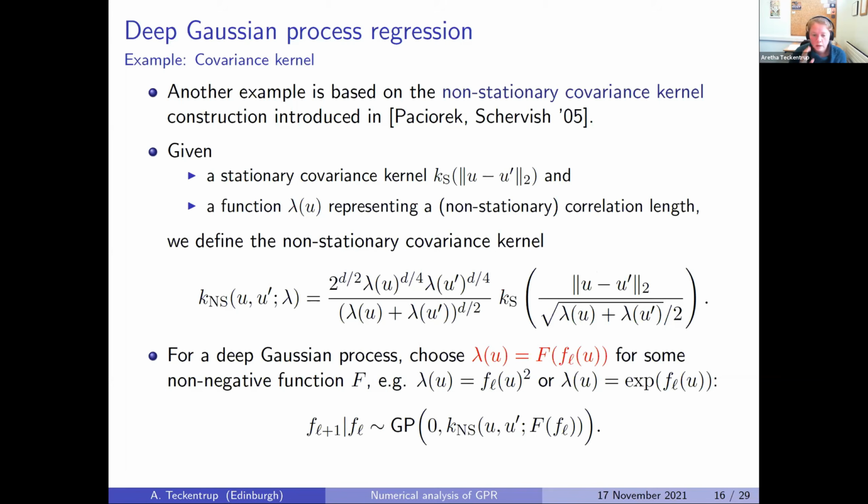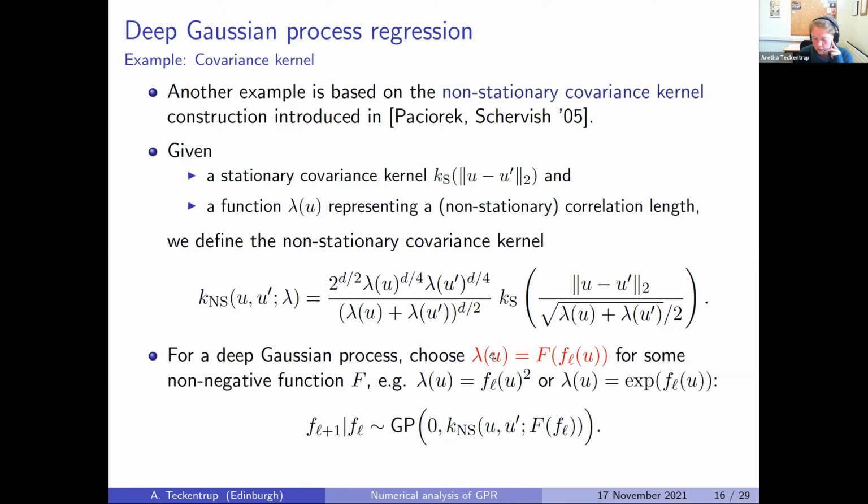In the context of deep Gaussian processes, we're going to choose the correlation length lambda as a function of the previous layer. That is exactly how the previous layer F_L enters the covariance structure of F_{L+1}. Essentially we're using F_L to define hyperparameters in the covariance structure of F_{L+1}, and here in particular, to define the length scale function lambda.